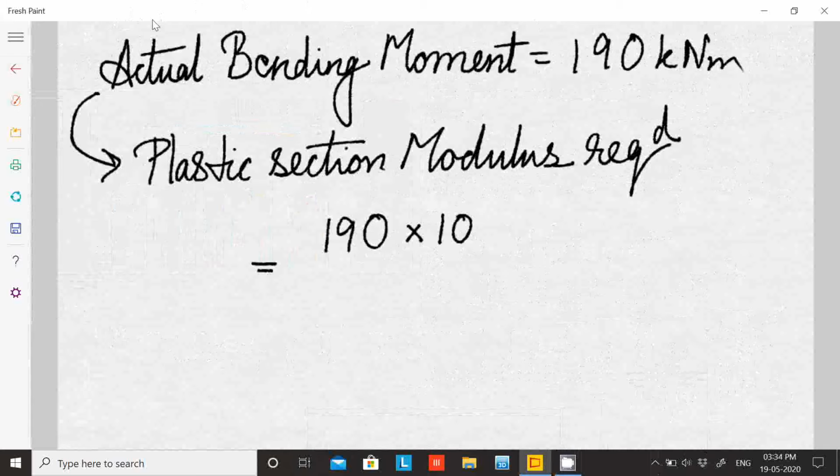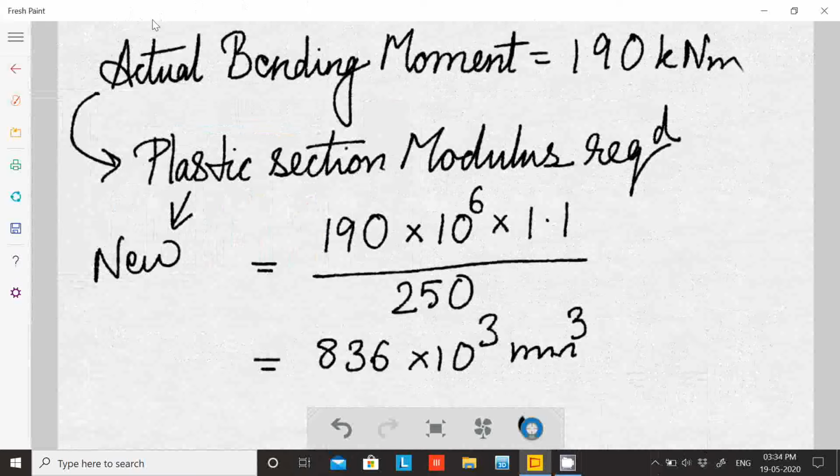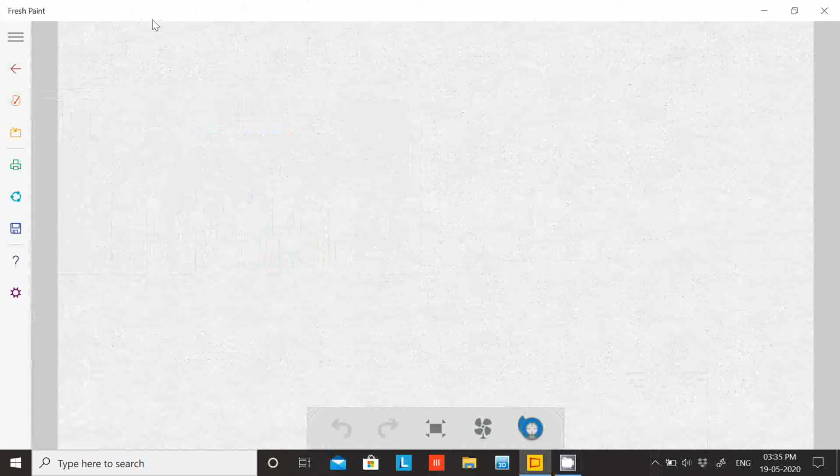Keep it in mm, so 190 into 10 to the power 6 newton mm into 1.1 by 250. So ultimately we get 836 into 10 cube mm cube. That is the new plastic section modulus required. And what did we provide?